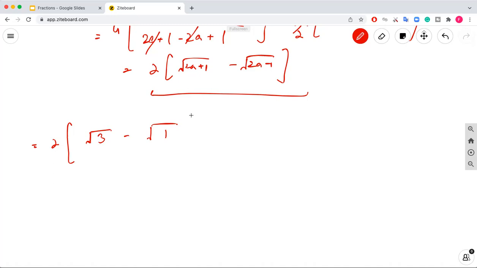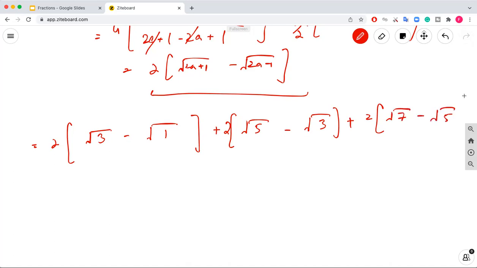If I substitute 2, this is square root of 5 minus square root of 3, right? Plus if I substitute 3, that will be square root of 7 minus square root of 5, right?